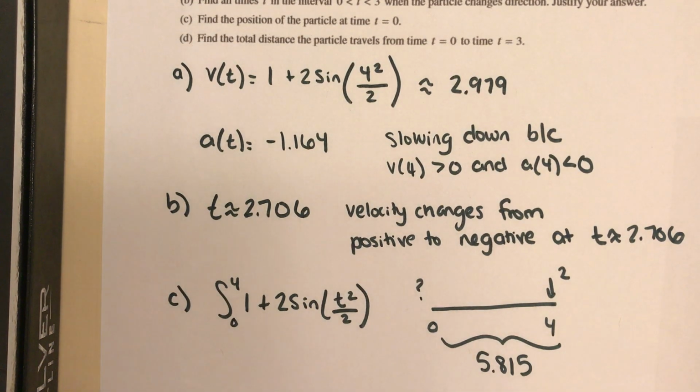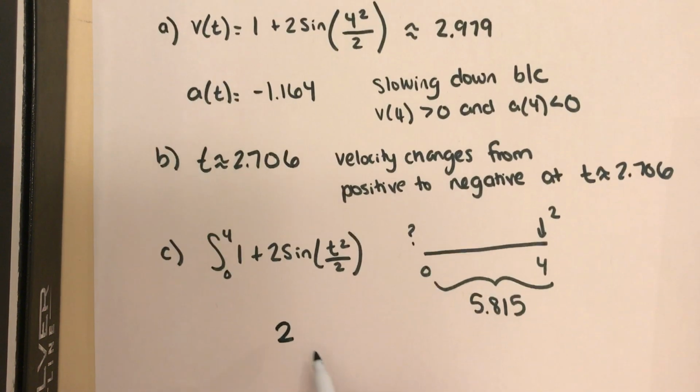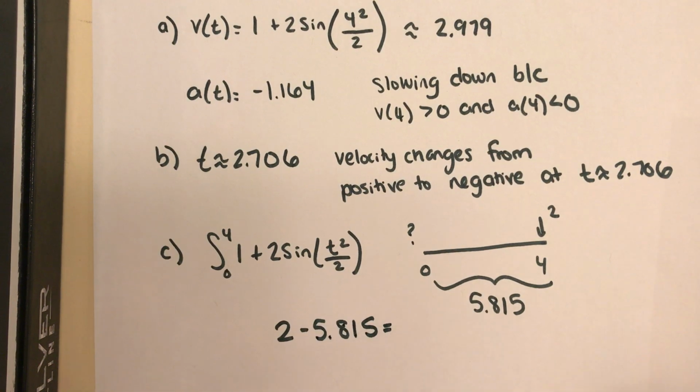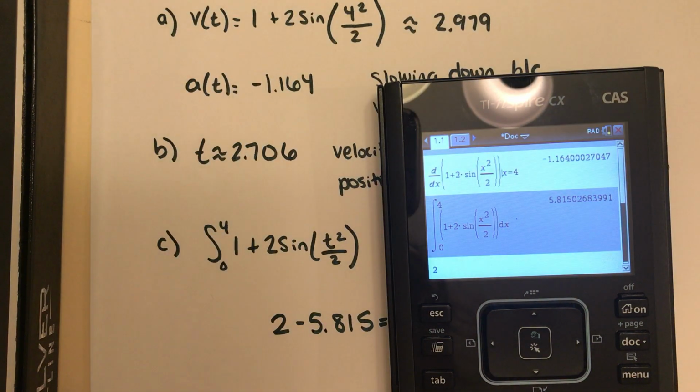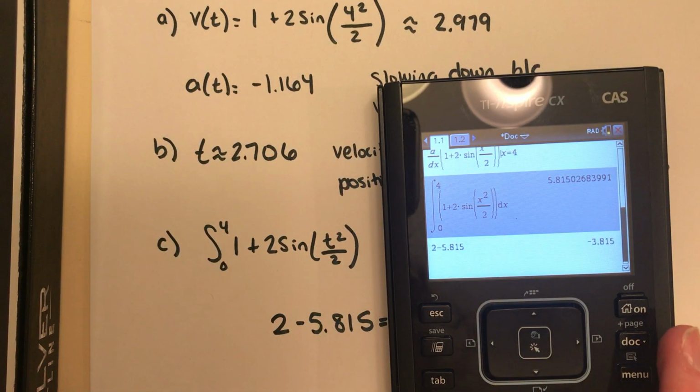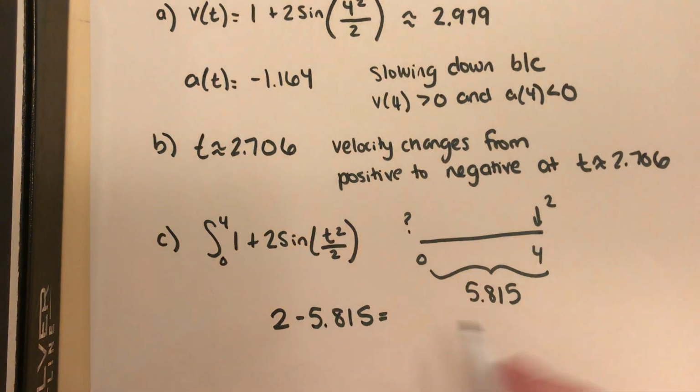Okay, so what this is saying is that we want a distance of 5.815, but we only ended up at 2. So where would we have started out at? What we're going to have to do is we take our final position, 2, subtract the part that we traveled, and that should tell us our beginning position. So I'm going to just subtract those 2 there. 2 minus 5.815 gives us negative 3.815.